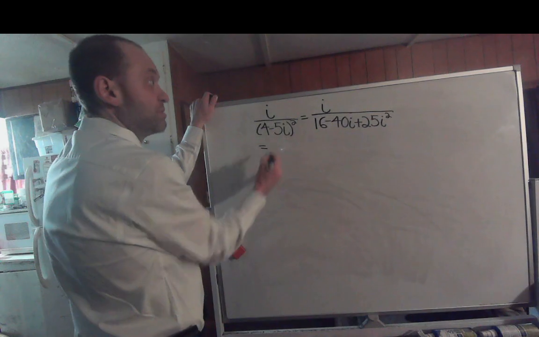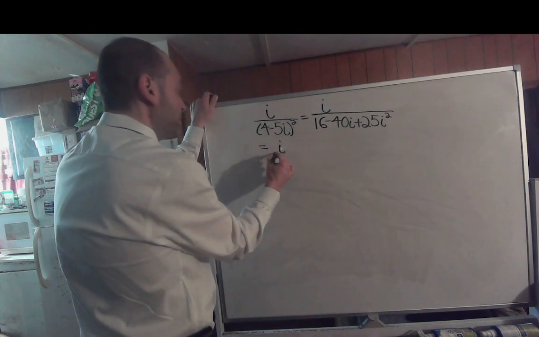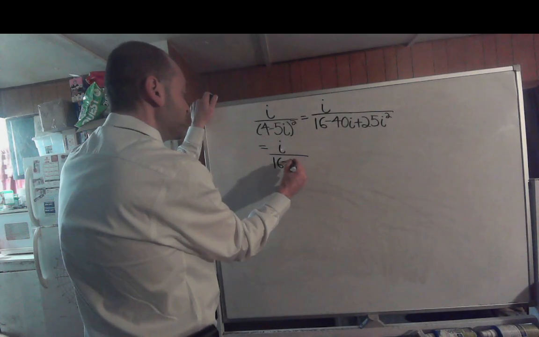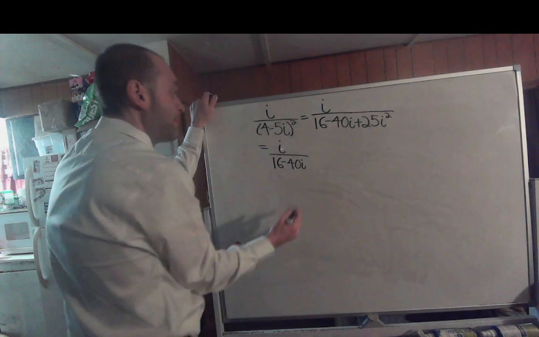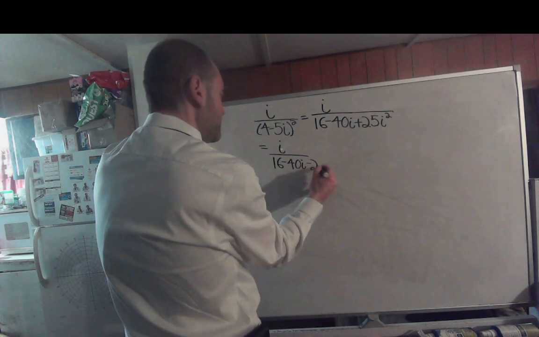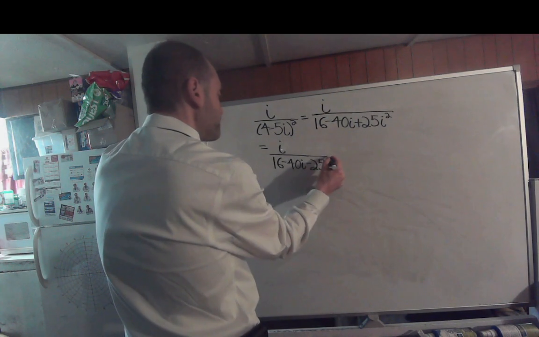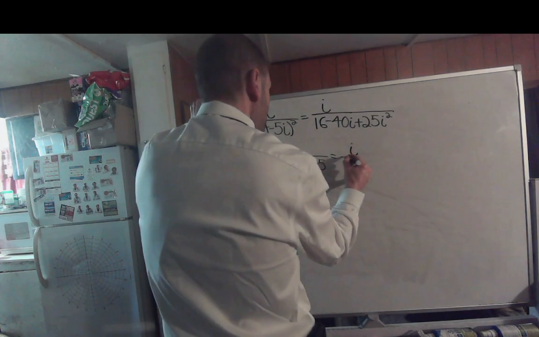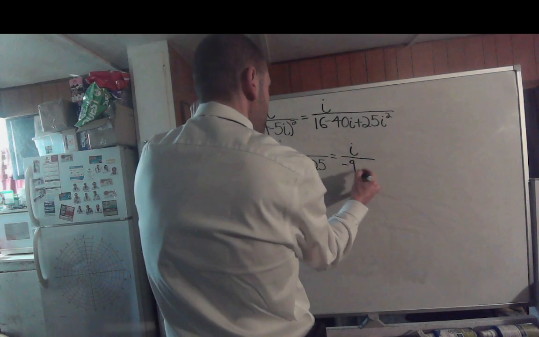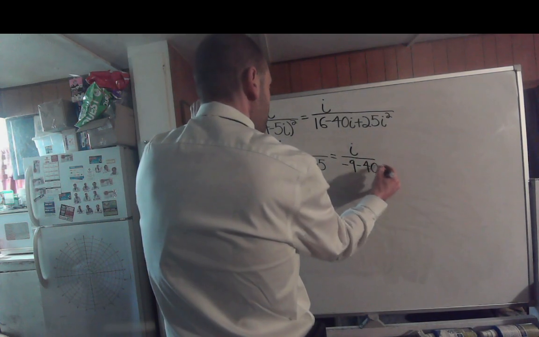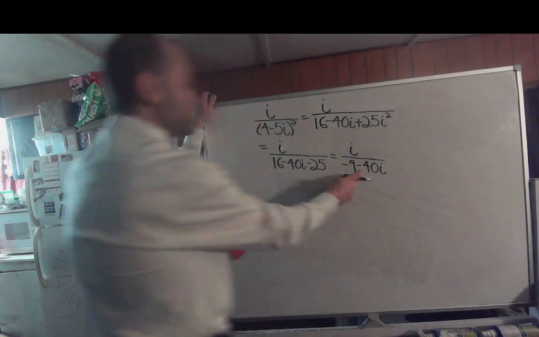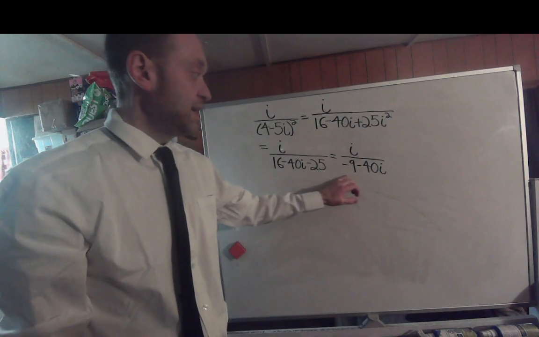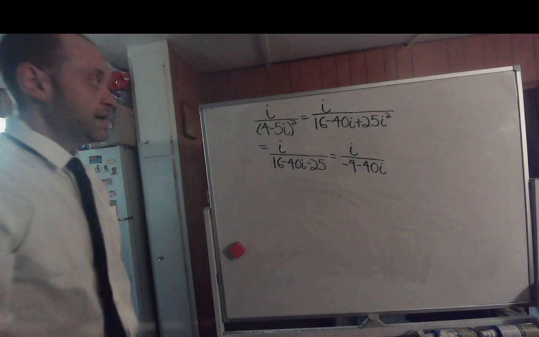which is going to simplify into i all over 16 minus 40i minus 25, which would turn this into i over negative 9 minus 40i. So here's really what we're up against. We're up against i over negative 9 minus 40i.